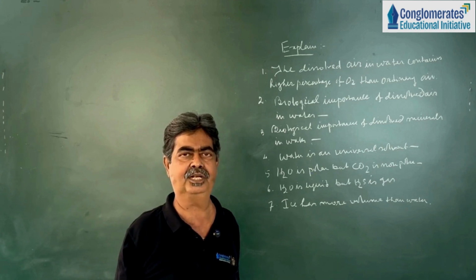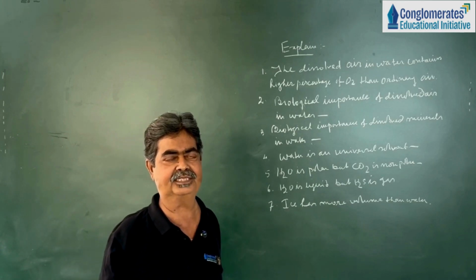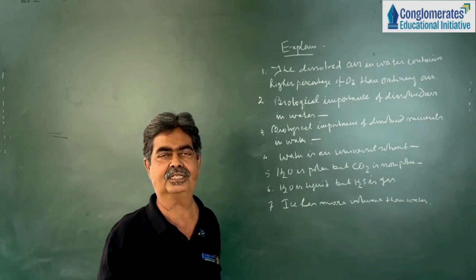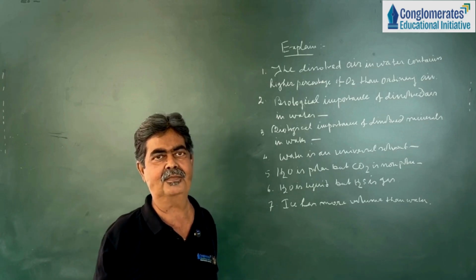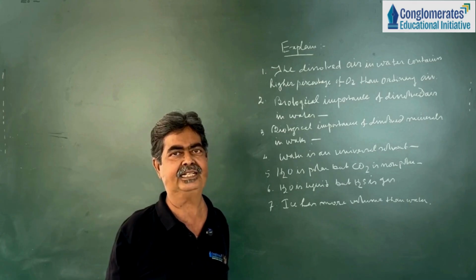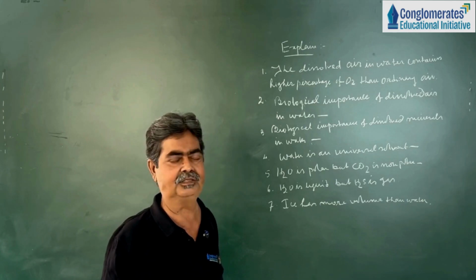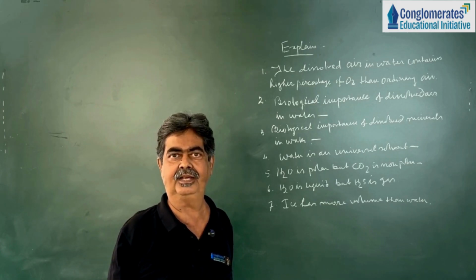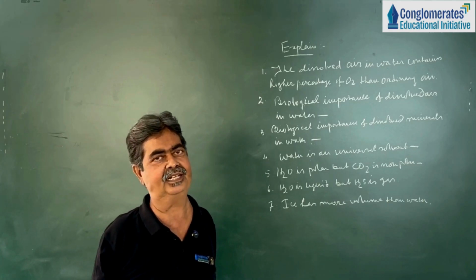Though a few gases are present like carbon dioxide, inert gases, water vapor, etc. But mainly air contains nitrogen and oxygen. And since oxygen is more soluble in water than nitrogen, we get dissolved air in water that contains higher percentage of oxygen than nitrogen.